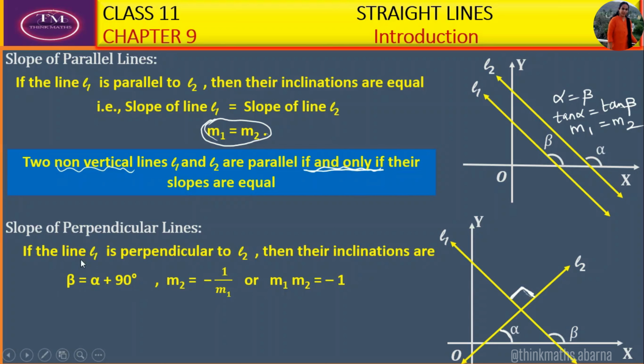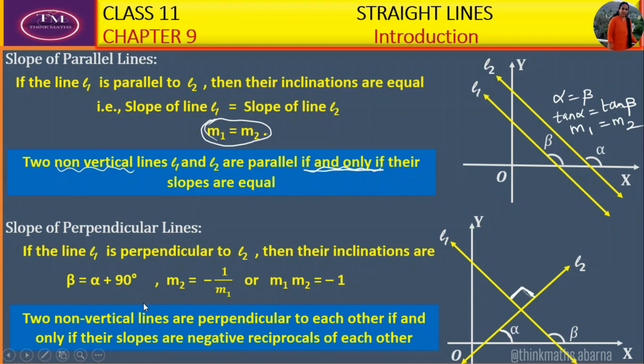How will these alpha and beta values differ? One angle will be increased by 90 degrees with respect to the other angle. So beta will be equal to alpha plus 90 or alpha will be equal to beta plus 90. So these are the properties of perpendicular lines. Okay.